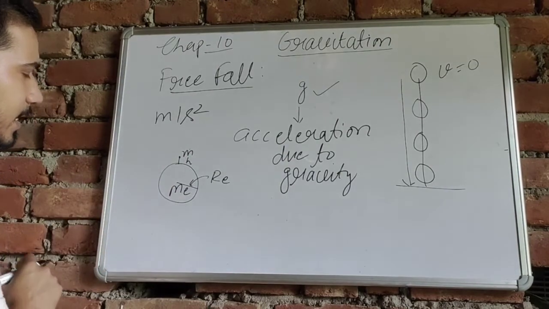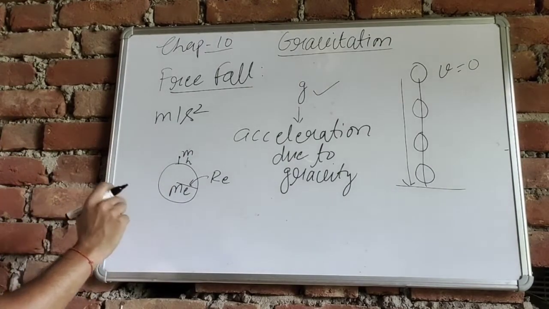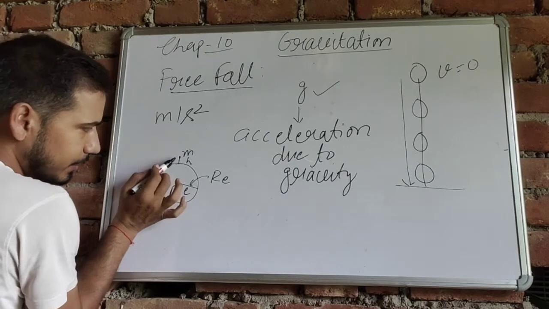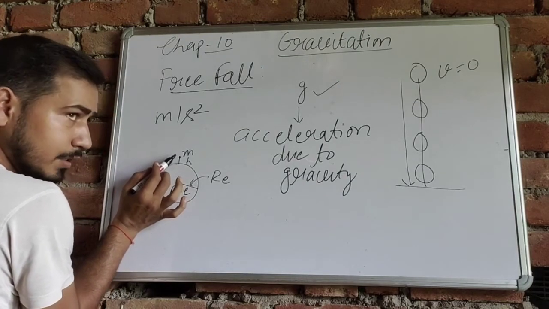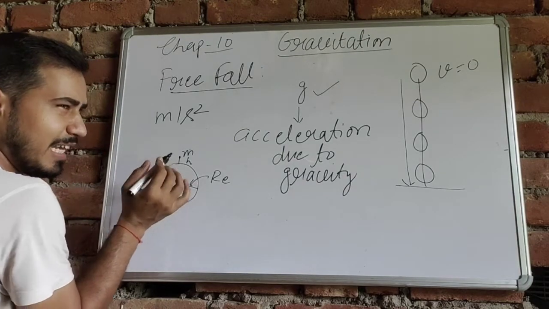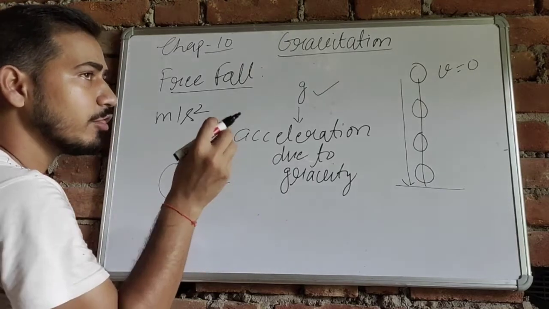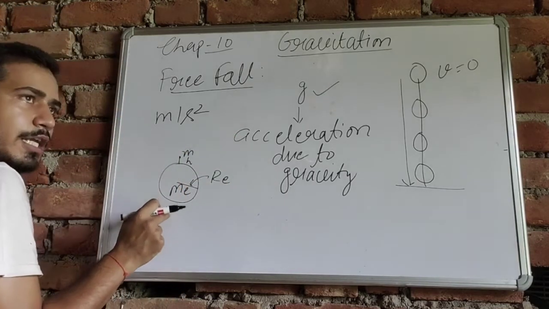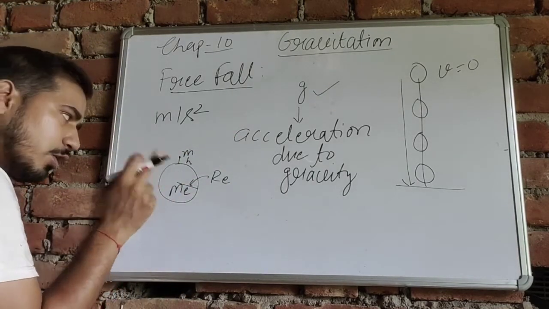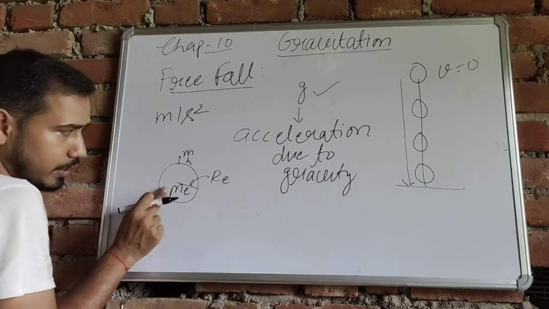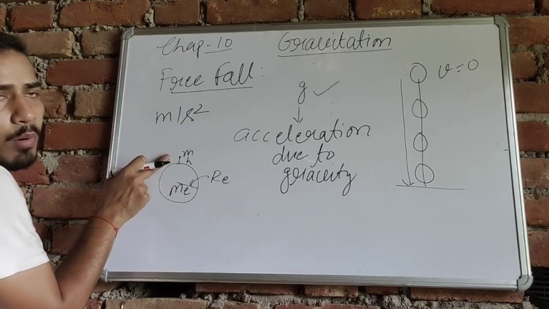Then in that case, we can say this object of mass m is experiencing an acceleration which is directed towards the center, due to the gravitational force exerted by the earth on this body.